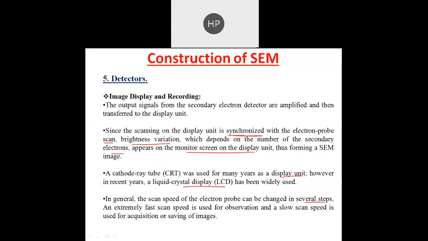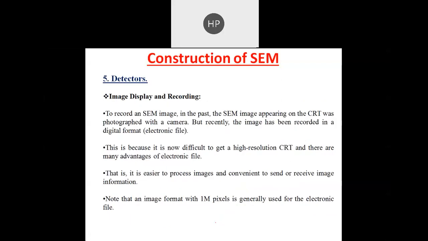An extremely fast scan speed is used for observation, and a slow speed is used for acquisition or saving of the image. Okay, so depending upon the requirement we can change the speed of the scan. Okay, and how this image will be recorded and displayed, we will discuss in our upcoming lecture.